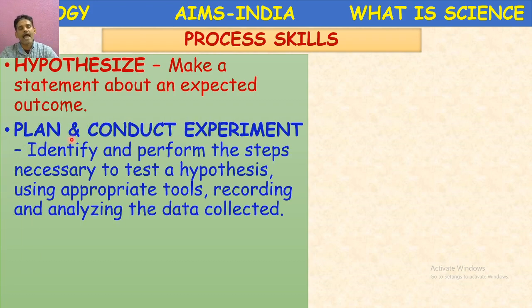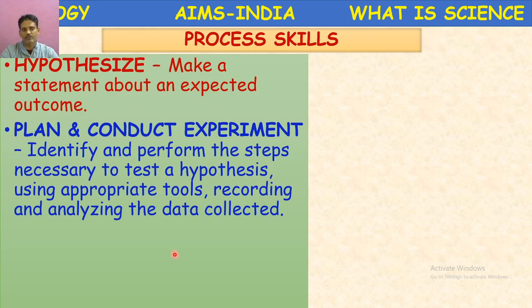Next, plan and conduct experiment. This is another process skill. Identify and perform the steps necessary to test a hypothesis using appropriate tools, recording and analyzing the data collected. So it is very important. Once again, you have to plan and conduct the experiment. First, you have to identify and perform the steps necessary to test that hypothesis.